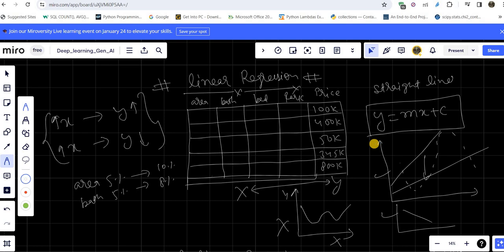Now we will see, is there any relation between this area and the bathroom? Because it happens, no, if the area is higher, automatically more bathrooms are there, right? So if area and bathroom are 80% related for the price, then why would we keep this bathroom? We can remove this.